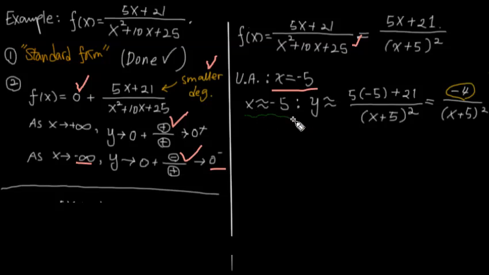For the behavior, we use this notation: x is very close to negative 5. We don't touch the factor that's responsible for that behavior, but for everything else, which is 5x plus 21, we plug in x equals negative 5. That predicts the correct behavior for the other terms, especially the sign. This number turns out to be negative 25 plus 21, which is negative 4.